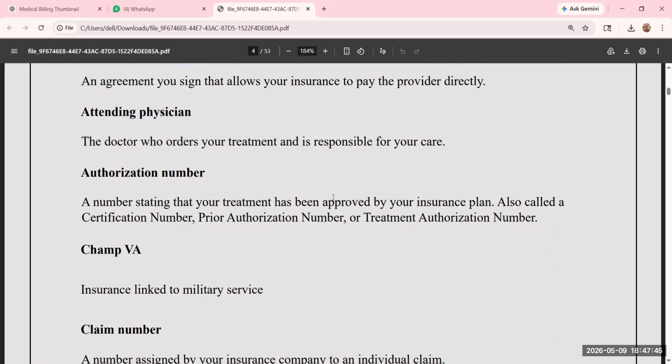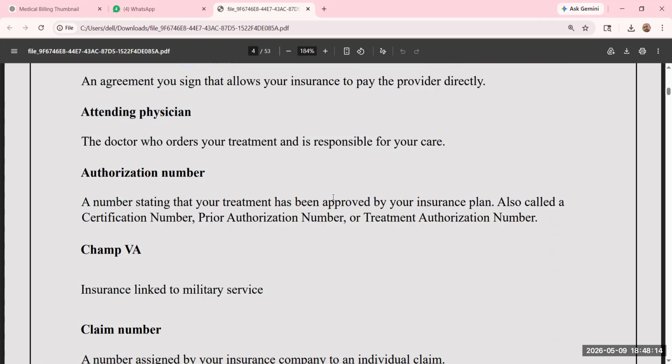For example, if a patient is coming for knee surgery, the physician gives the information to the insurance to check whether this knee surgery is covered under the patient's insurance or not. If the insurance says yes, this procedure is covered under the plan, then the physician performs the surgery and sends the claim to the insurance company, which accepts and approves it. That is called authorization.